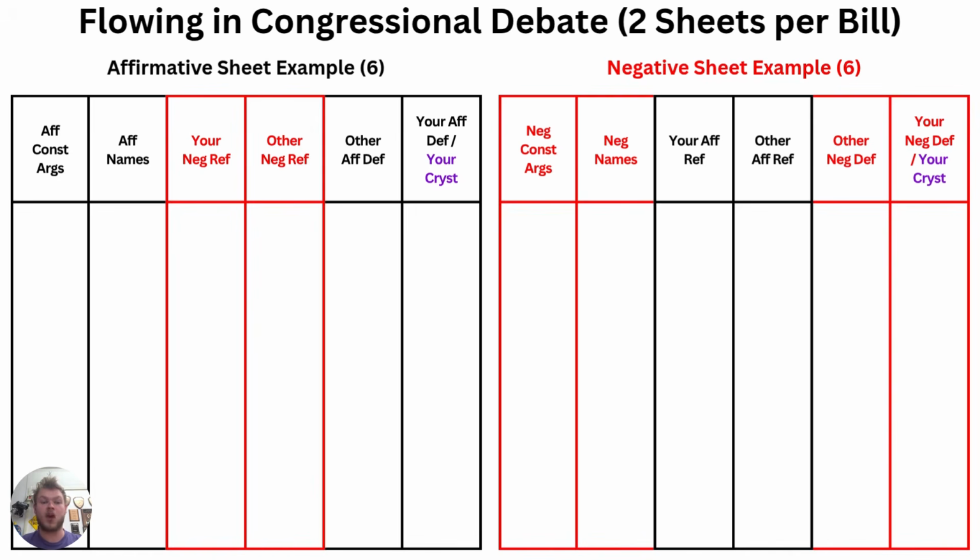Then on the fourth column, that's what other people who get to give speeches before or after you make of attacks of their own, making sure you don't repeat their attacks. Then in the fifth column, it's for other speakers who defend against other speakers' attacks. And then in the last column, you write your defenses of that side or your crystallization of that side.